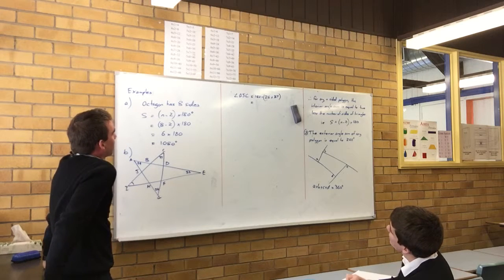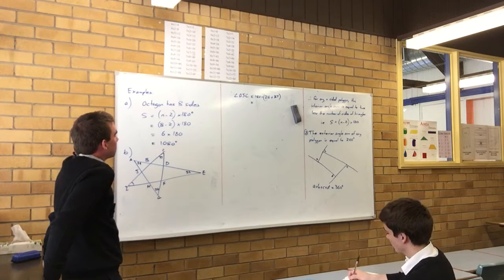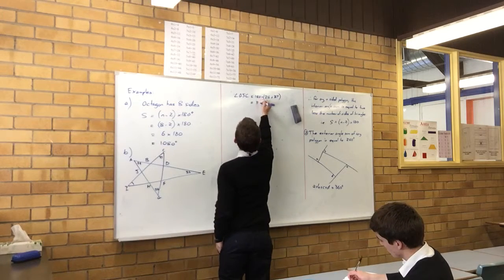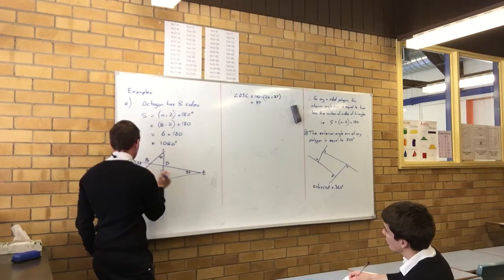So 63, 180 take away 63. It is 117. I was right. Alright, 117. So this angle here is 117.